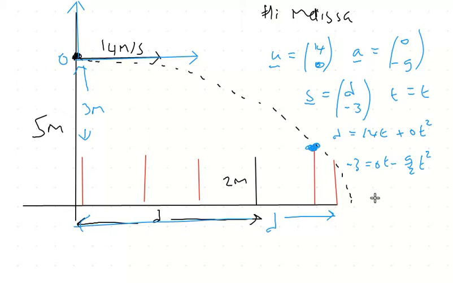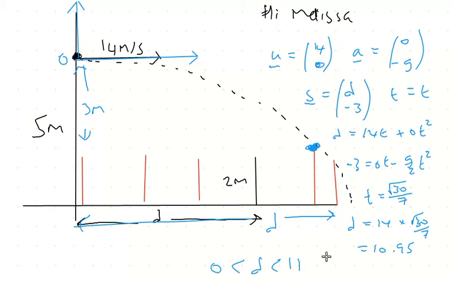That can be immediately rearranged to give t is root 30 over 7, I believe. Then I can plug that back in to find d equals 14 times root 30 over 7, which comes to about 10.95. And hence 0 is less than d, which is less than 11, to two significant figures.